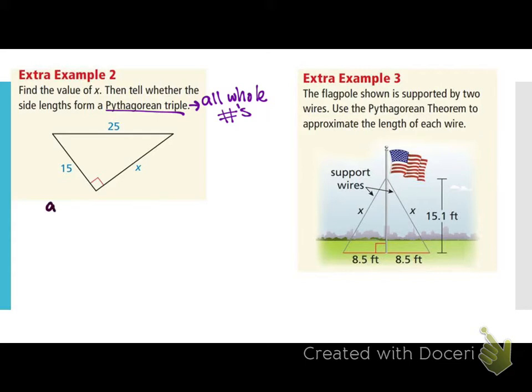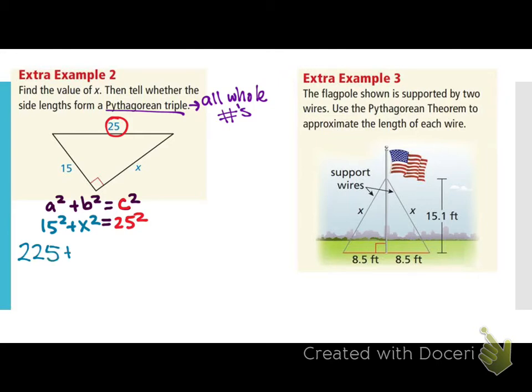So we're going to use the Pythagorean Theorem. A squared plus b squared equals c squared. Which of these is c? 25. It's across from that right angle. Does it matter which one I call a and b? It does not. So 15 squared plus x squared equals 25 squared. 15 squared is 225.